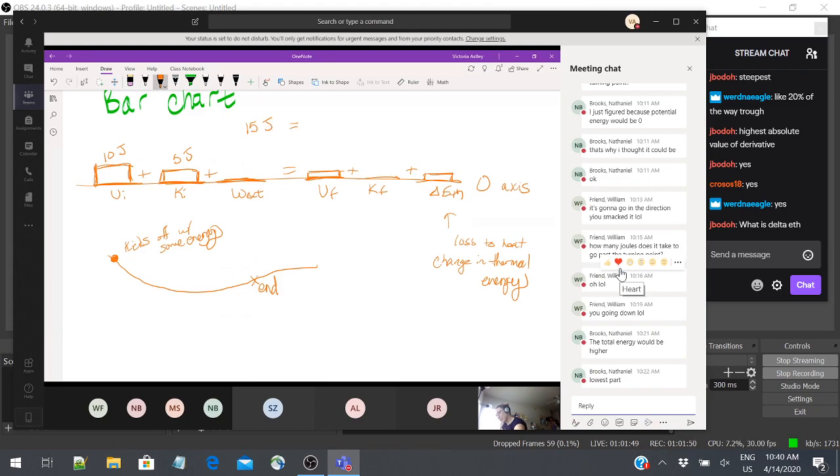At this ending point, he has 3 joules of potential energy. He lost 3 joules to friction. How much kinetic energy does he have? This must be 9 joules. So he must be going faster than he was at the start. Does this make some sense?